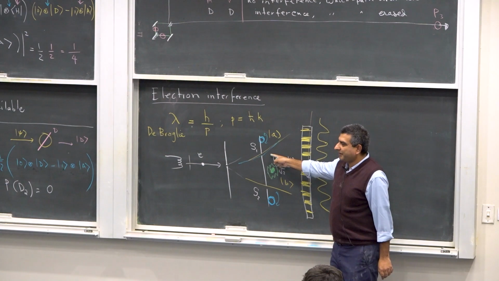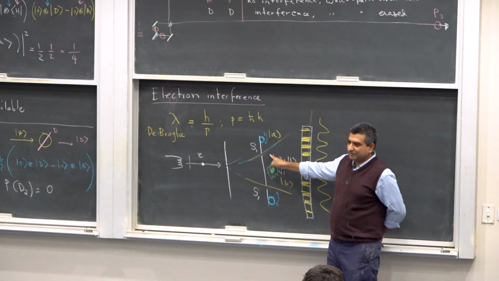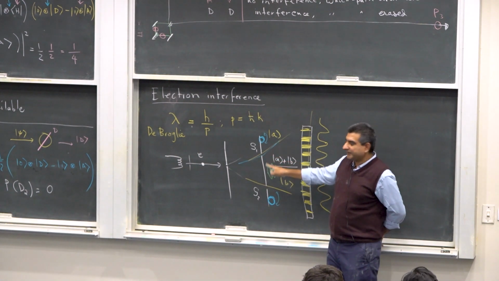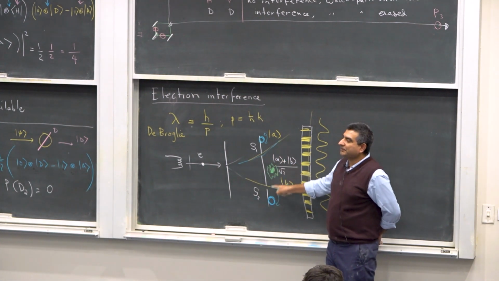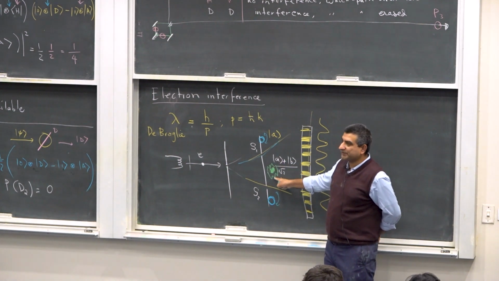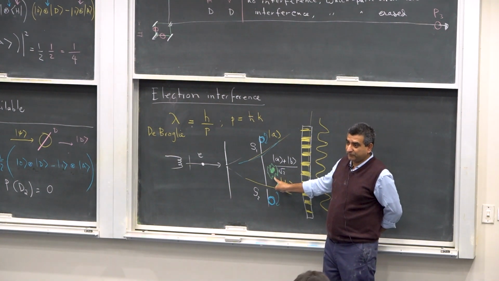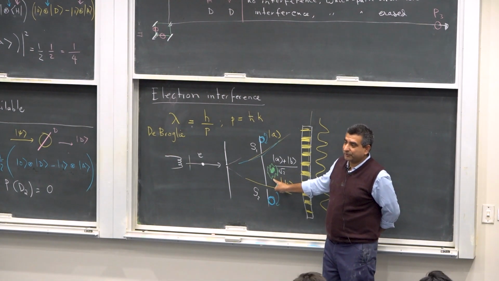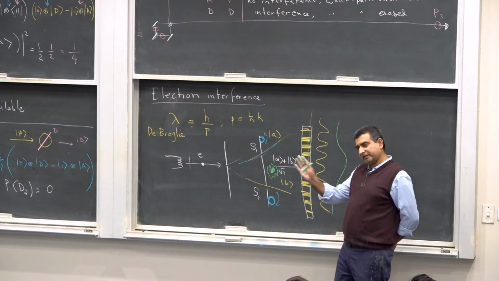If there's a spark here, you can tell the electron has taken the upper path, and if there's a spark there, the electron has taken the bottom path. But if an eavesdropper is spying on the path of the electron with this light source, then you would break the interference pattern and you see a big blob. The interference goes away.